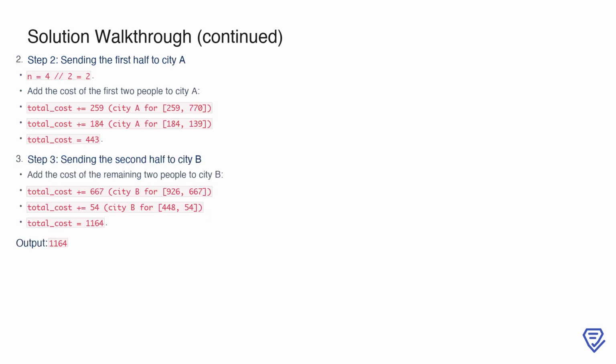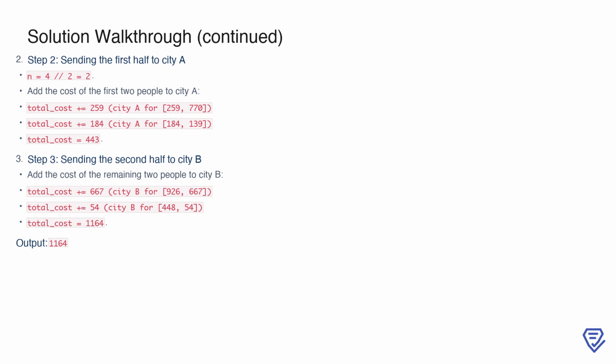Once the costs are sorted, we assign the first half of the individuals to city A. This means the first 2 people in the sorted array, 259, 770, and 184, 139, are sent to city A. We add their respective costs, 259 and 184, to the total cost, bringing it to 443.